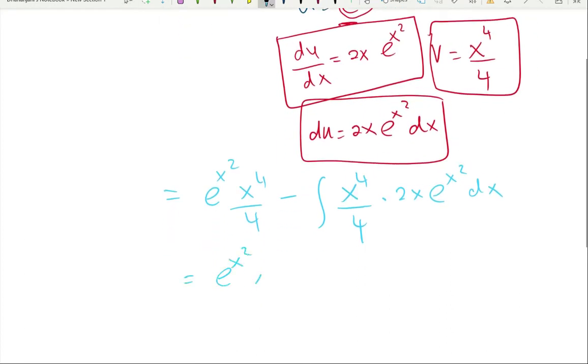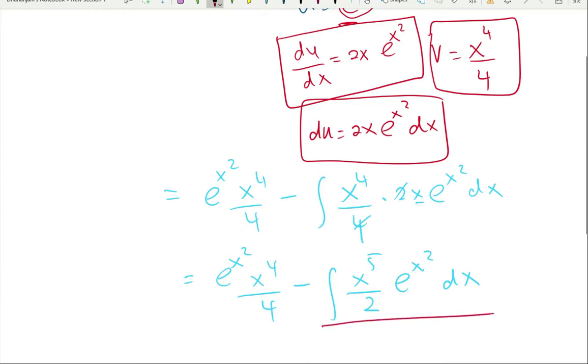Look at the second integral while I am rewriting this. We can simplify: x times x to the 4 gives x to the 5 over 2, times e to the x squared dx. Now do we have a simpler integral here? Can we integrate that real fast? No, it's not a basic integral.